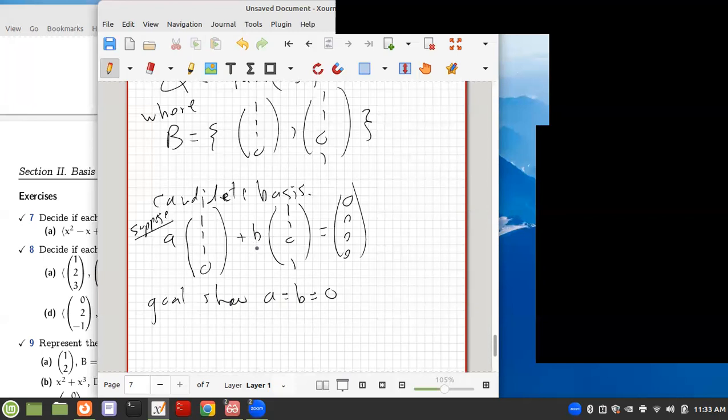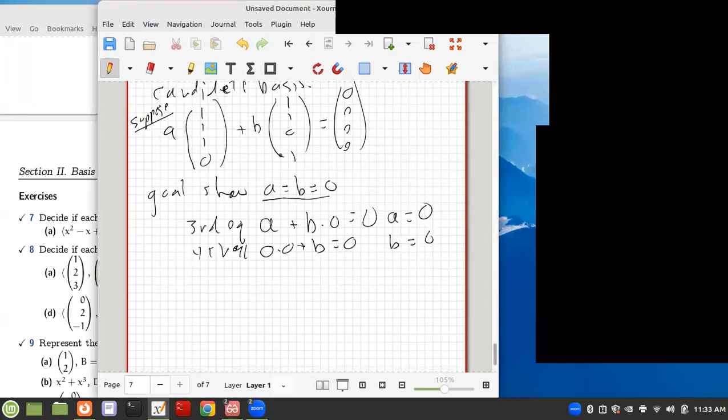And you can see, just looking at the third equation, it reads off as A plus B times 0 equals 0, therefore A equals 0. And the fourth equation is A times 0 plus B equals 0, so B equals 0. So indeed, we found that this supposition implies this result.